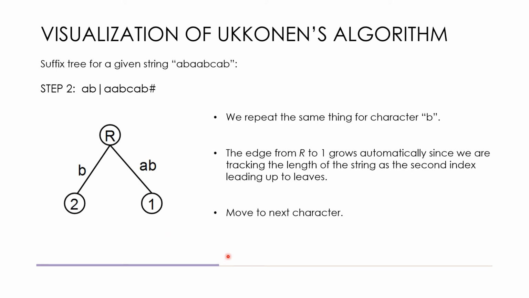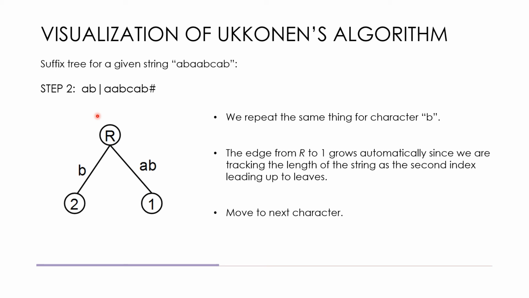Since there's nothing else left to do from step 1, we can now move to the second character, and we see that we have a new active point, which is the same that we had at the beginning when we inserted a. So we basically repeat the same exact process that we did for a, but this time we do it for b because we're looking at the second character.